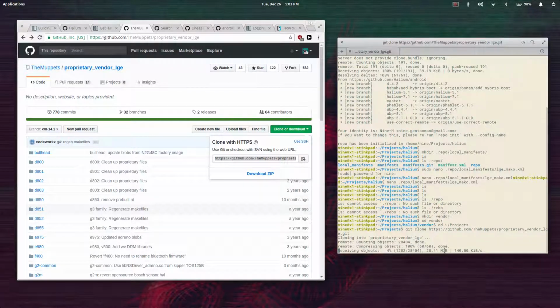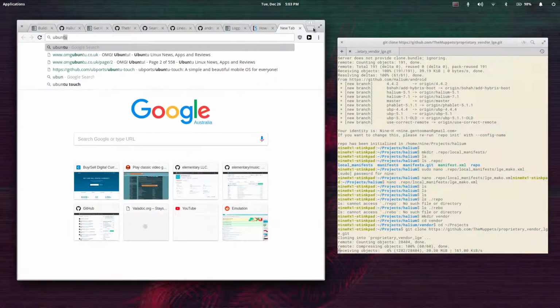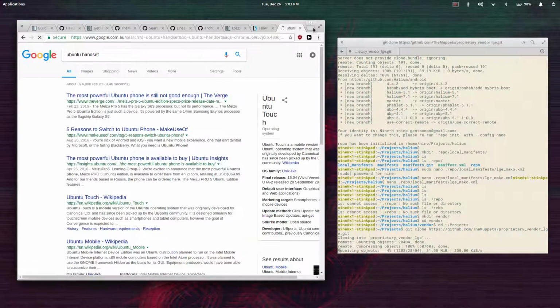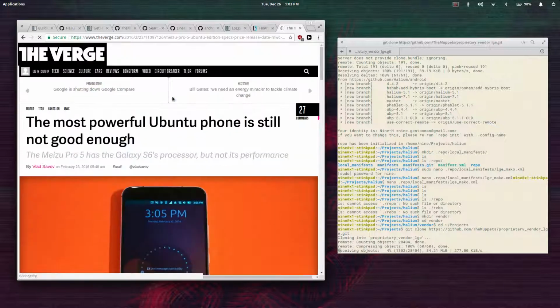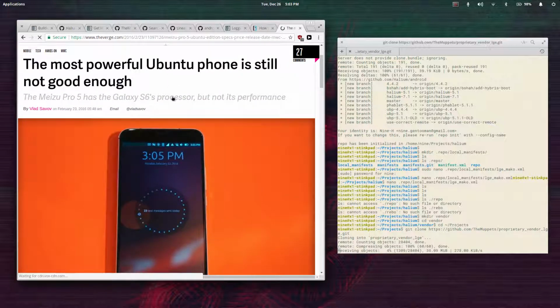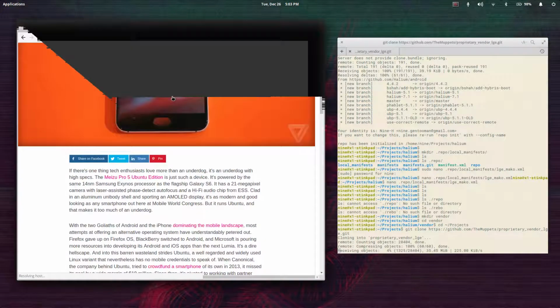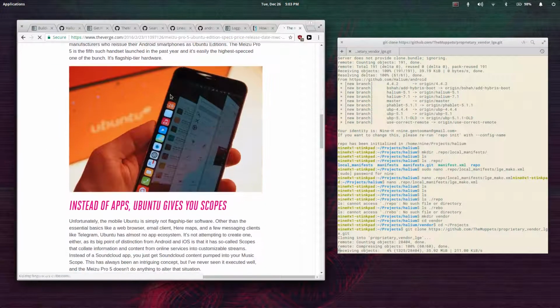And Ubuntu pulled out of the handset market after... what was it? Was it BQ? Well, they made a handset. Was it Meizu? Here we go. Yeah, Ubuntu made some partnership with Meizu, a Chinese handset producer, and that kind of fell through.